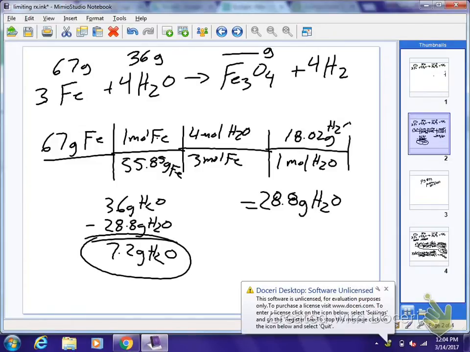Okay? So if I want more water to react, I've got to have more iron. So this is a setup. This is the answer. How much is used up? The 28.8 grams of water is how much is used up.